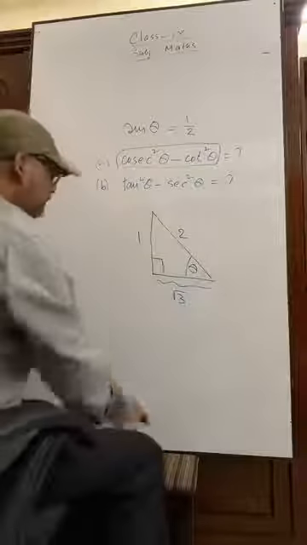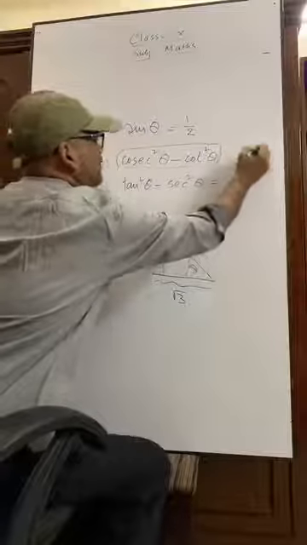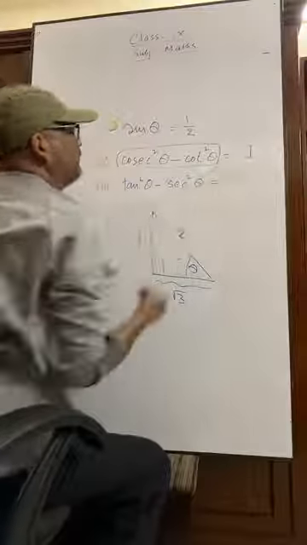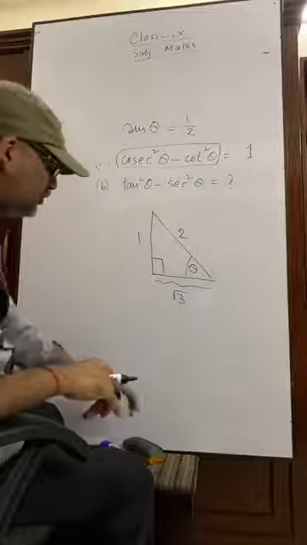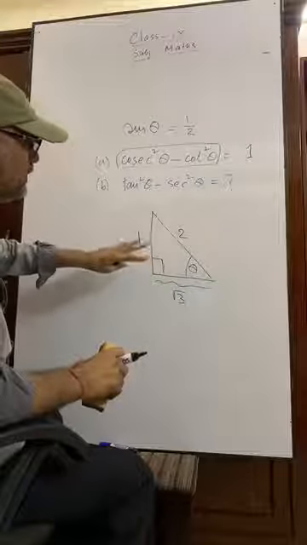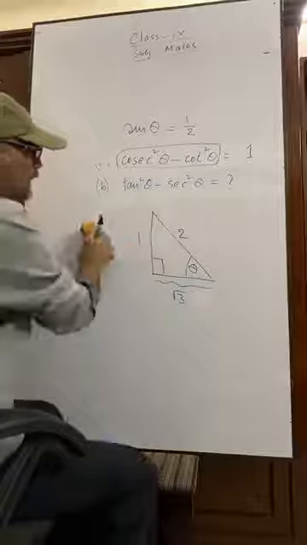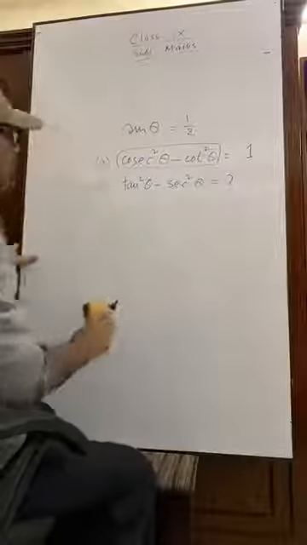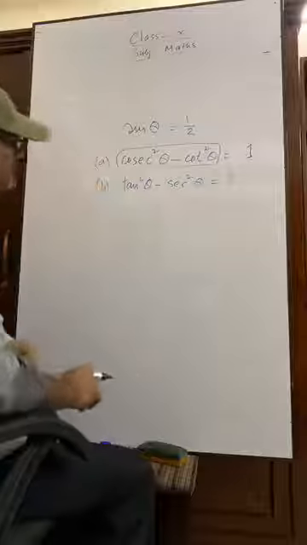You can easily write down the answer of question number A is 1, because it is itself a formula. It is not necessary to get the value of cosec theta and cot theta from the figure. We know the answer is directly 1.